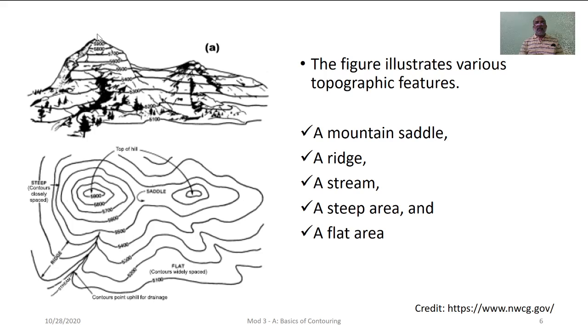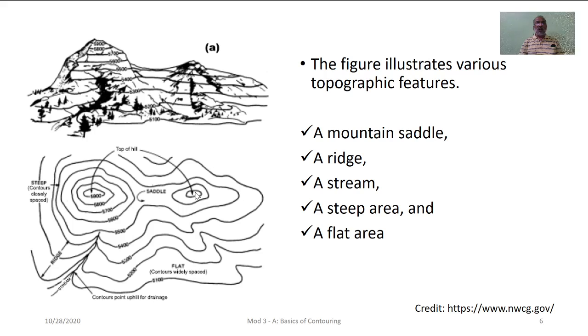Here, there is one peak, this is another peak, in between there is a saddle. This innermost contour having the highest value we can treat as the top. Same situation would also be here.